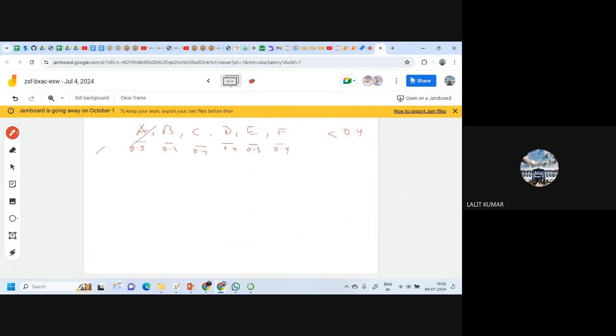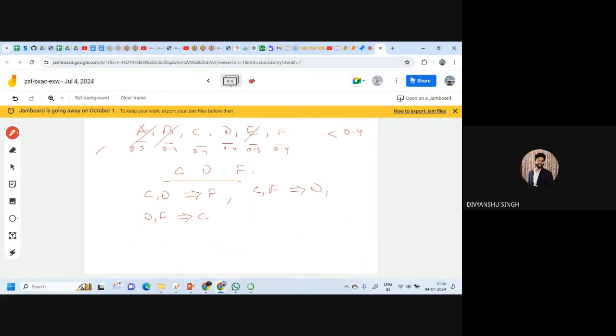So straight away we cut A, B, and E. Now we have got only C, D, and F. In C, D, F, how many combinations we can have? We can have C, D to F. We can have C, F to D. We can have D, F to C. These are the only combinations.